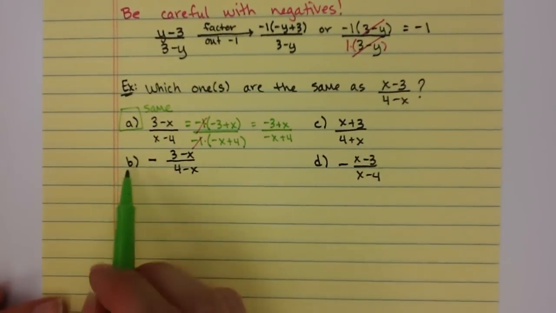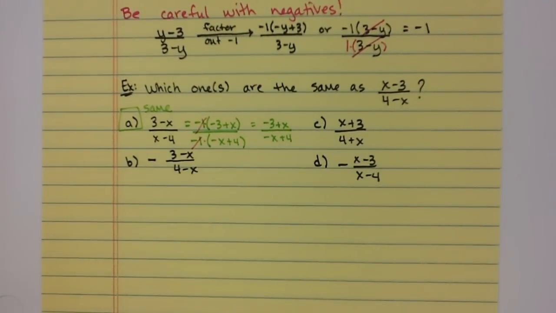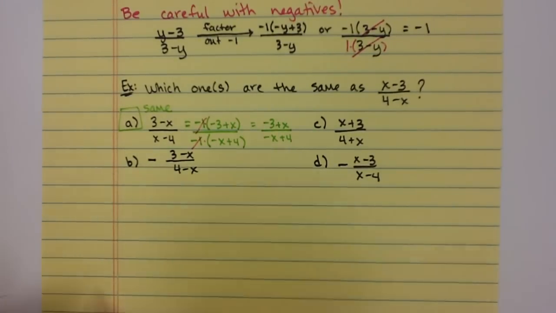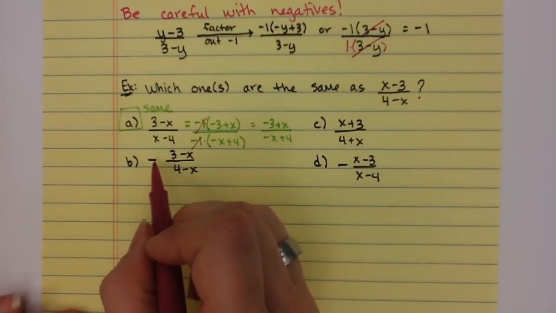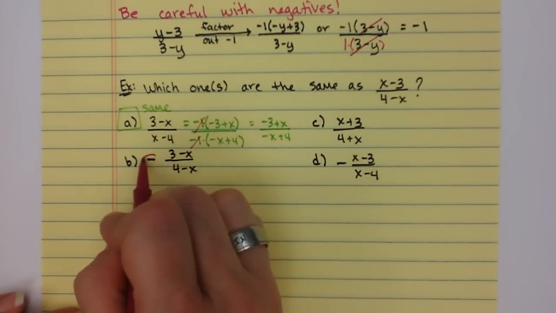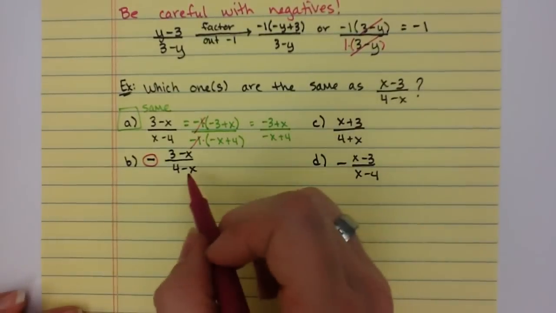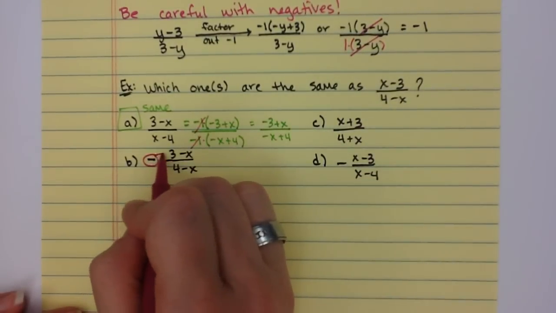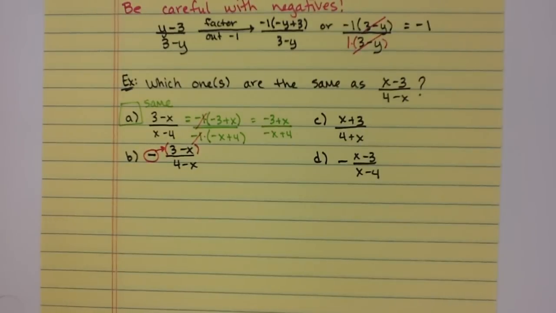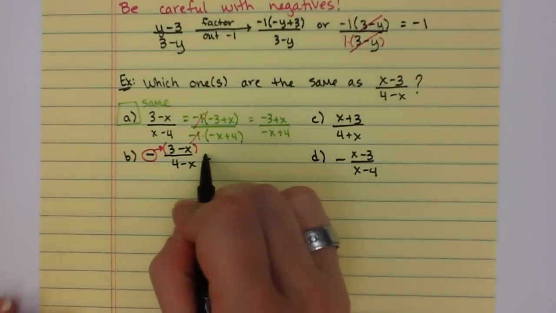Okay, let's move on to B. Is B the same? Well, when you see a negative out in front of a fraction, what you have to remember is that negative can either go to the numerator or to the denominator, but it cannot go to both. So since my denominators already match, I'm going to make my negative distribute into my numerator. So that's like taking a -1 times everything in the numerator.